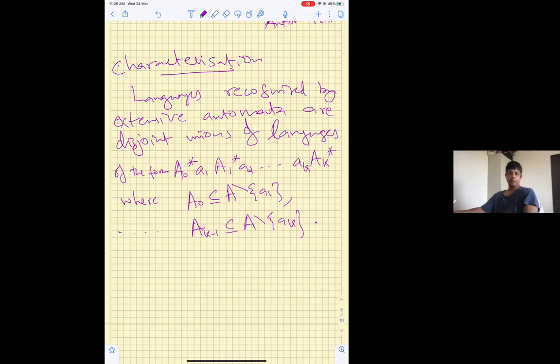Languages recognized by extensive automata are disjoint unions of languages of the form A0 star A1, A1 star A2, up to Ak star Ak, Ak star, where A0 is a subset of A minus A1, up to Ak minus 1 is a subset of A minus Ak.